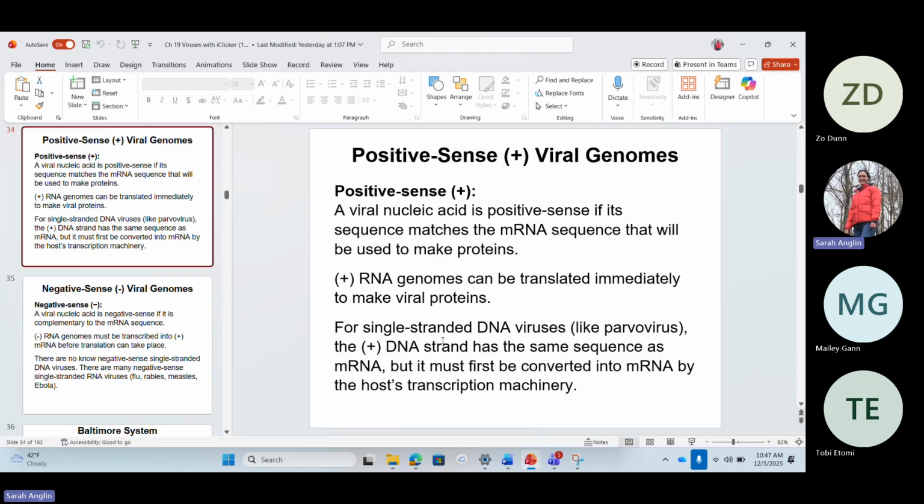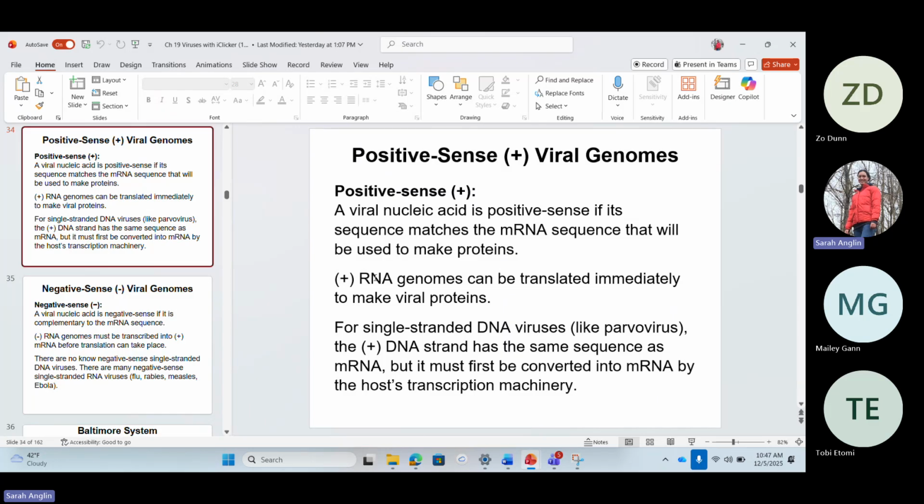Obviously, DNA can't be directly used in order to make viral proteins. The positive sense DNA strand has to first be converted through a certain process, transcription, in order to become mRNA, whereas positive single-stranded RNA genomes, once they enter the cells, are ready to go.